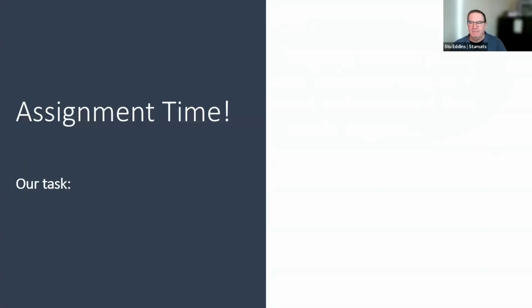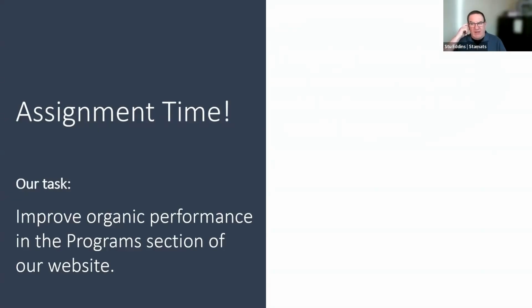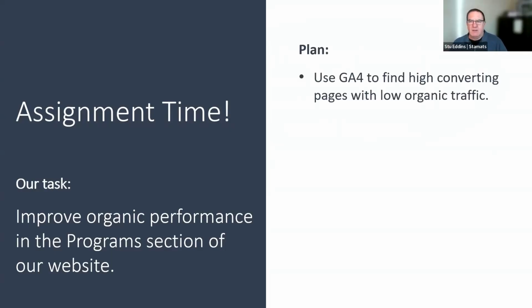So the assignment time, our task: improve organic performance in the programs section of the website. We needed to go out there. The task is general, programs, get more traffic coming into it. The thing we're going to do first is use GA4 to find high converting pages with low organic search traffic.